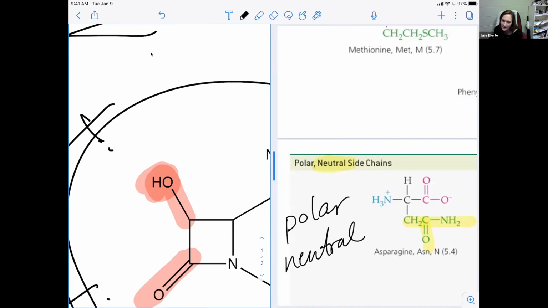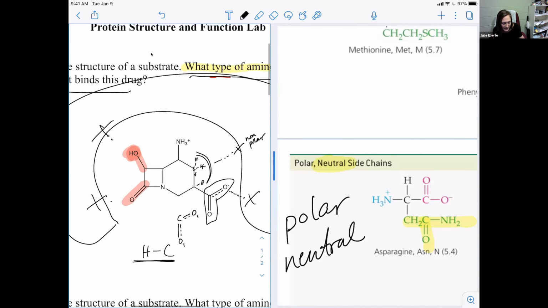You could say an amino acid with a polar side chain, or a polar neutral amino acid, or you could just write polar neutral and point to that. But I'm assuming that when you tell me what's interacting with this, you're not naming the group, you're telling me what's interacting with that group. Okay, I'm putting interact with polar neutral side chains.